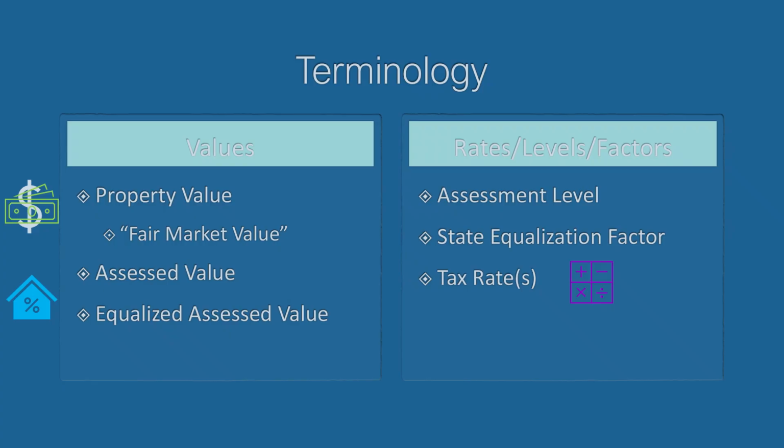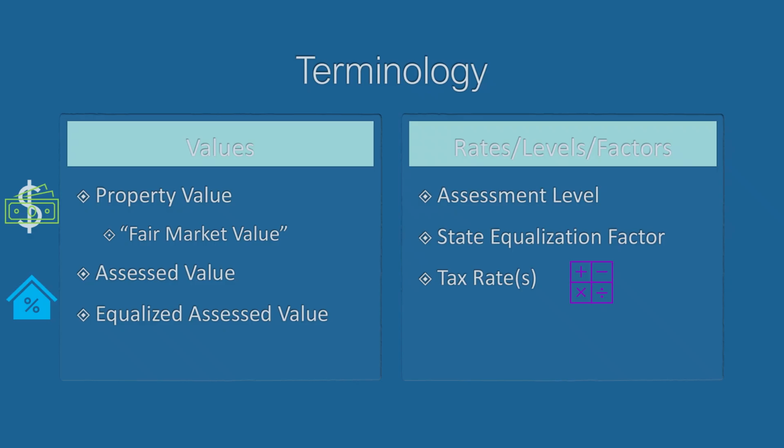All right, so looking at terminology. First key category, we're going to deal with our values. So anytime you see property value on your tax bill, that's what the assessor is trying to assess. It's supposed to be the quote unquote fair market value, meaning if the assessor's office was to put your property on the market, they're saying that your property value is actually what that property potentially could sell for.